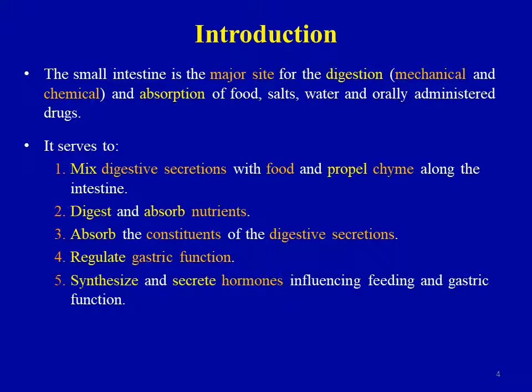It is also important for the synthesis and secretion of different hormones that influence feeding and gastric function. And finally, the small intestine defends the body against invasion by microorganisms, as we'll see that the small intestinal glands have special cells called the Paneth cells that have some defensive functions.